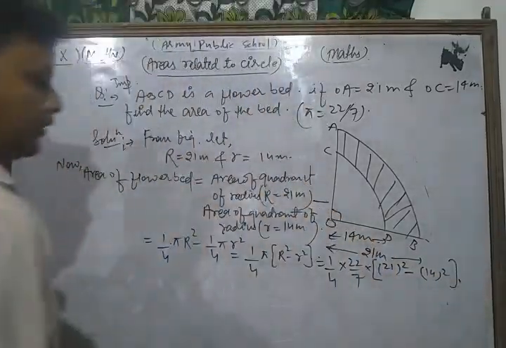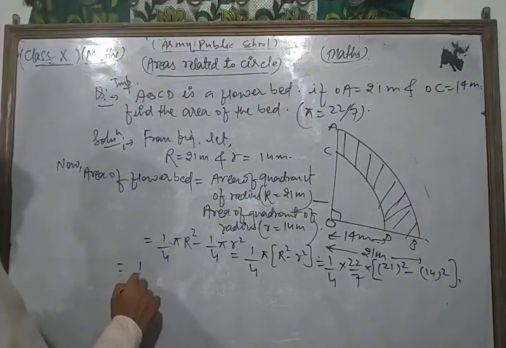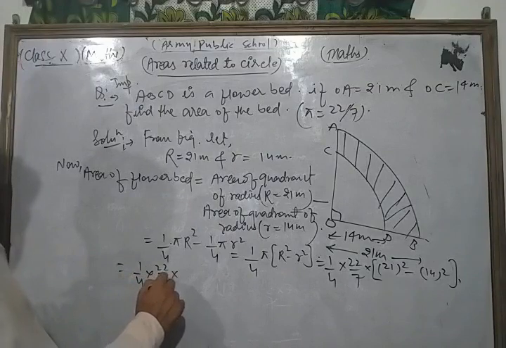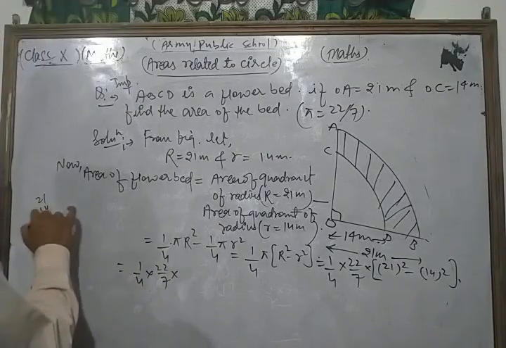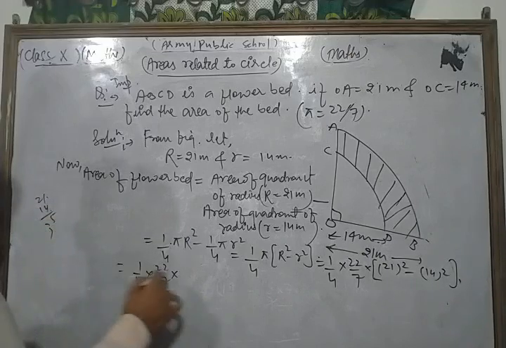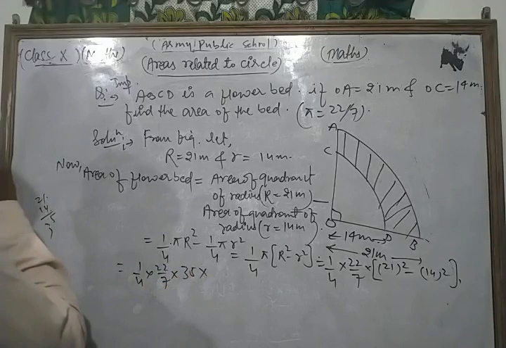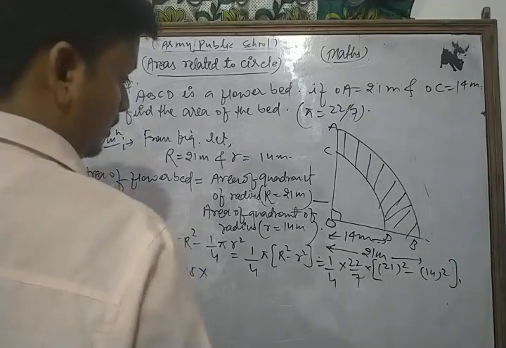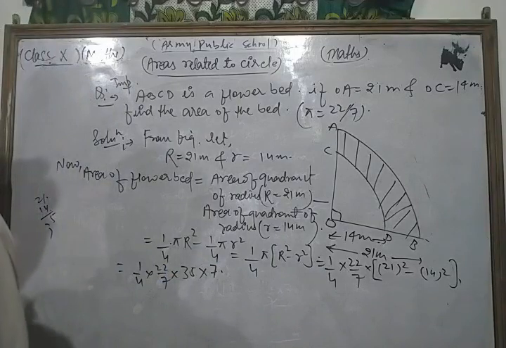This is the formula of (a plus b)(a minus b). So we write 1 upon 4 into 22 upon 7 into (a plus b), 21 plus 14 is 35, into (a minus b), 21 minus 14 is 7.